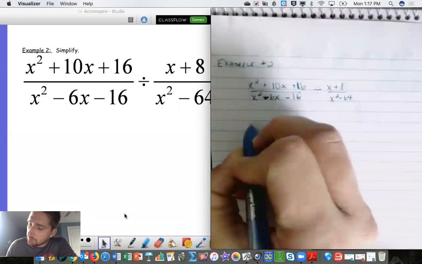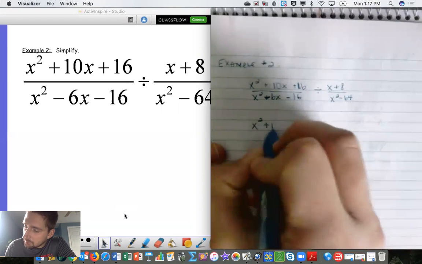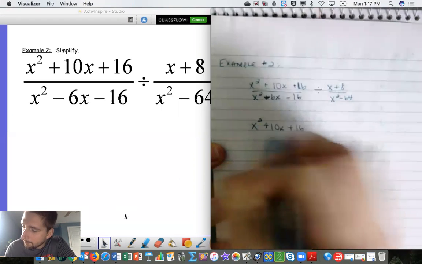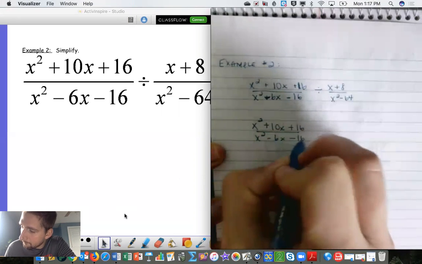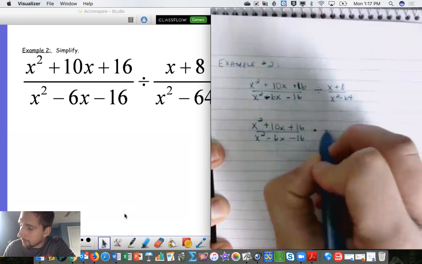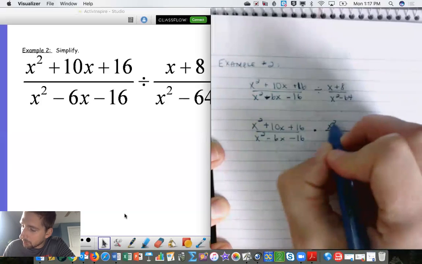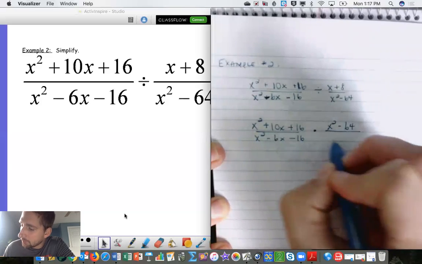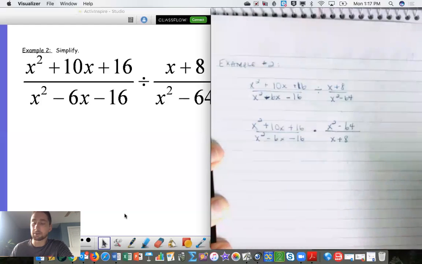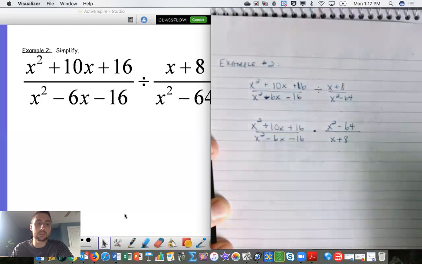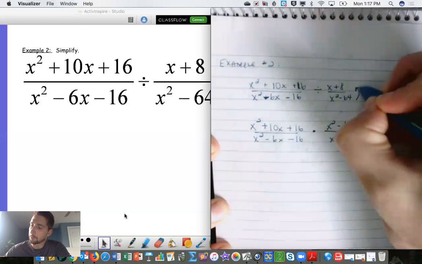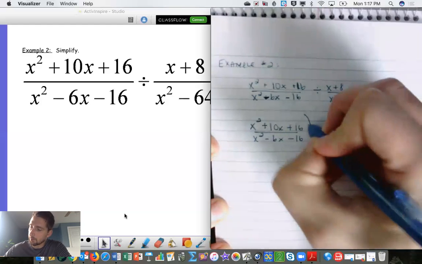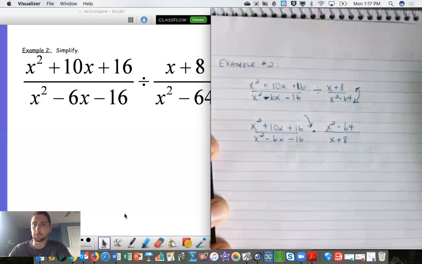So the very first thing I'm going to do is rewrite my rational expressions. I'm going to multiply by the reciprocal. So I have x squared minus 64 in my numerator and x plus 8 down in my denominator. That's the only difference with multiplying and dividing rational expressions, is that our first step now is to take the reciprocal and then multiply by that reciprocal.